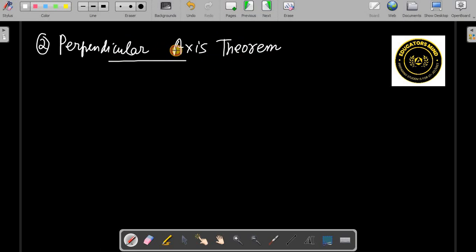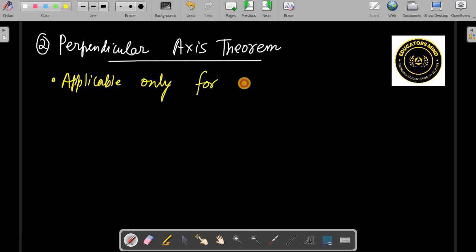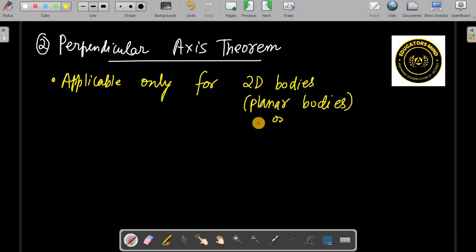So the perpendicular axis theorem is applicable only for two-dimensional bodies or planar bodies or laminar bodies. These are all the same thing. Okay, planar body, two-dimensional body, laminar bodies.